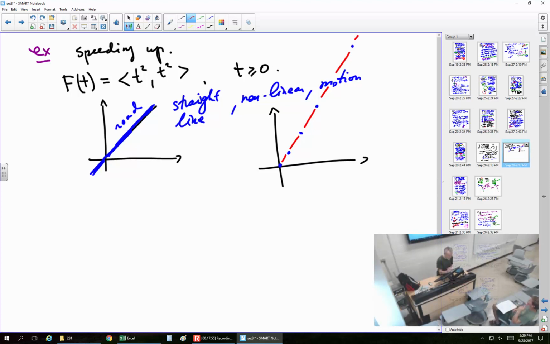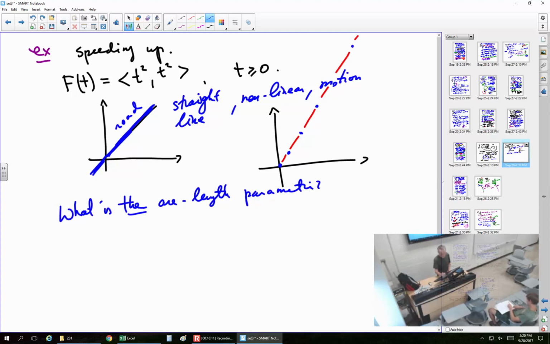Let's ask ourselves the same question: what is the arc length parameterization? You could speak of the arc length parameterization if you know the direction. So every parametric curve has a direction.